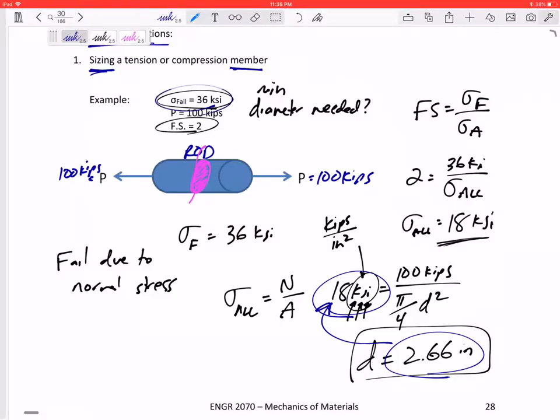So I'm only going to allow a diameter that would cause a stress of 18 if I know all the lab tests say it's going to fail if it gets up to 36. So there's an example of sizing a normal force member, a cable or a rod, due to normal stress.